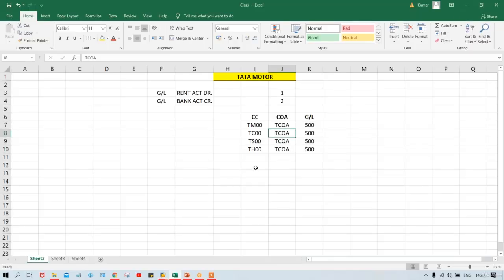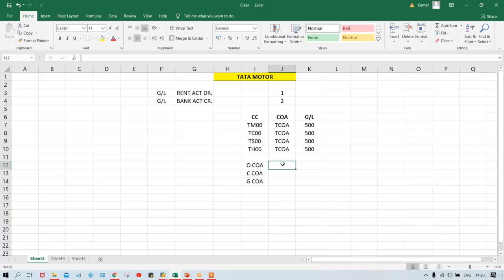Operational chart of account, country specific chart of account, and group chart of account. Operational chart of account is the normal chart of account which I'm going to set up here.